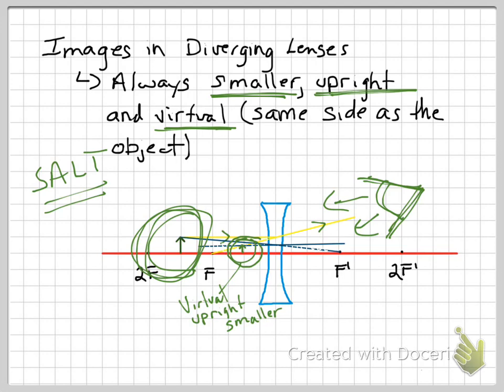Trying to figure out what the image is going to do in relation to where the focal point is, or 2F or between 2F, we don't need to worry about. That's something that we do for converging lenses. But for diverging lenses, we're just concerned with what's the basic diagram, basically where does the virtual image get located, and then we're just going to put that into practice in the lab.